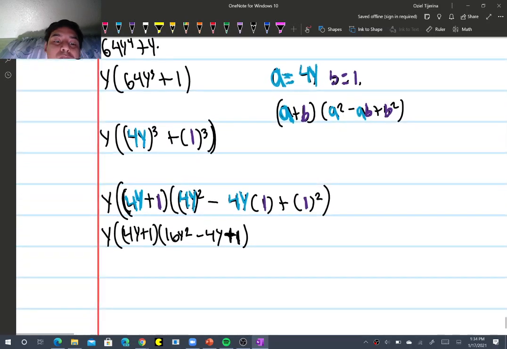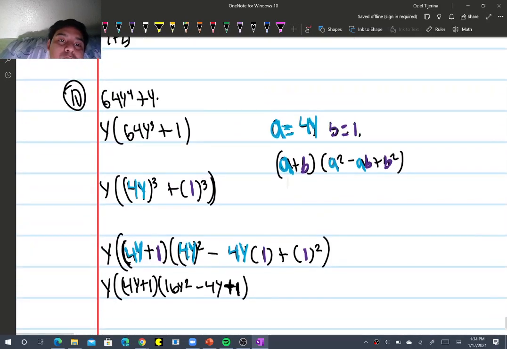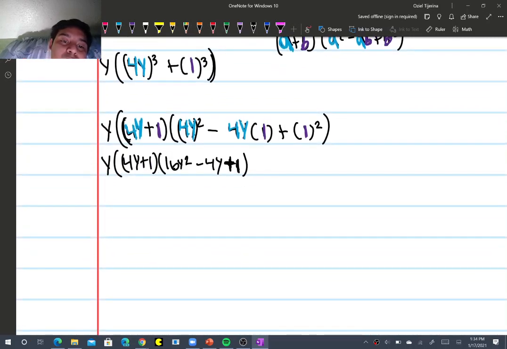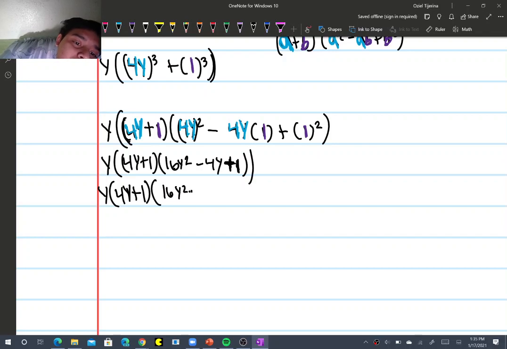So yeah, that would be your answer. So then you would have y times the quantity 4y plus 1 times 16y squared minus 4y plus 1. And this would be your final answer.